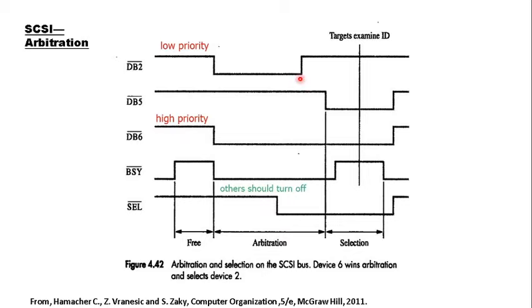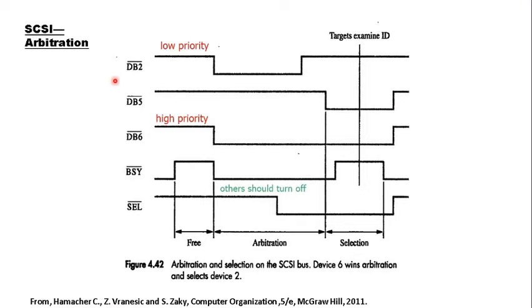By the time it activates the select signal, DB2 should be off. Okay, so that is another time restriction here. Whenever a person wins and activates select, all other people should be keeping quiet, or DB2 should be leaving this competition. So this is the arbitration stage.